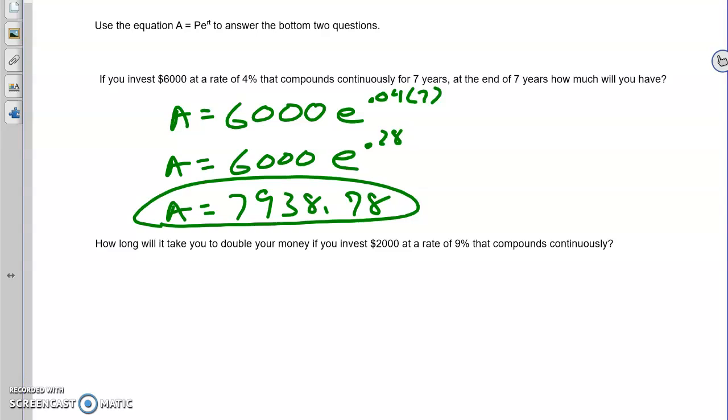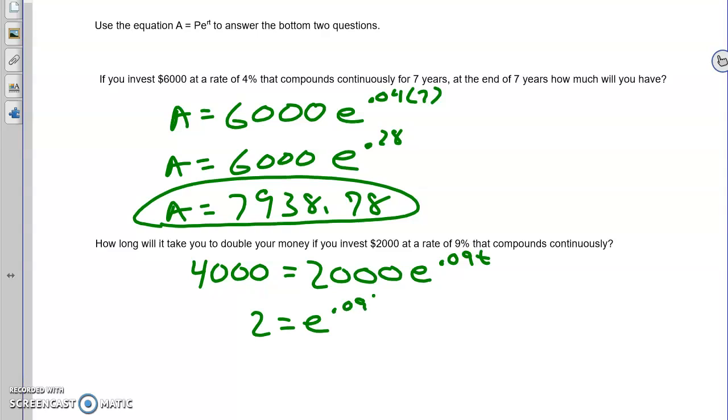If I want the length of time it would take to double my investment, as in the second problem, doubling a 2,000 investment means you get 4,000. My initial amount was 2,000, and in this case, I'm getting a rate of 0.09 or 9%, and I'm multiplying it by that time. When I divide 2,000 on both sides, I get 2 equals e^(0.09t).